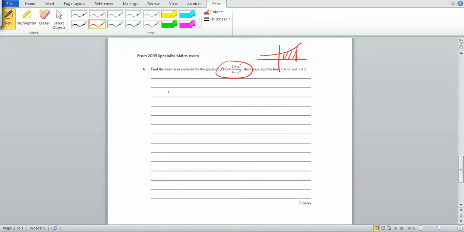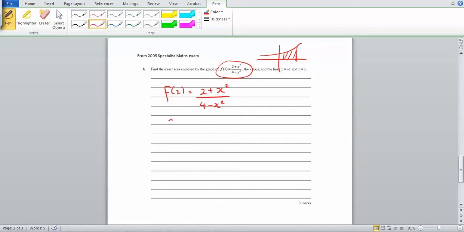At the moment, we have f of x equal to this, and we can't really anti-derive that. There's no real way, especially from Year 12, to anti-derive that. So the first step is to convert it using partial fractions.